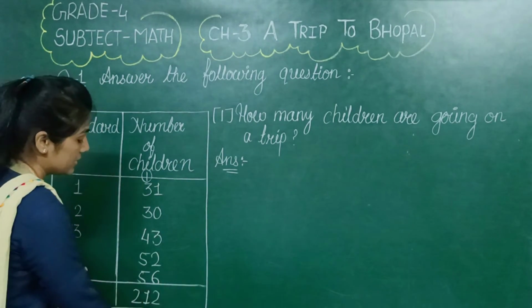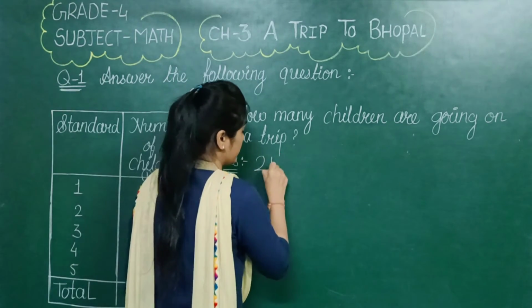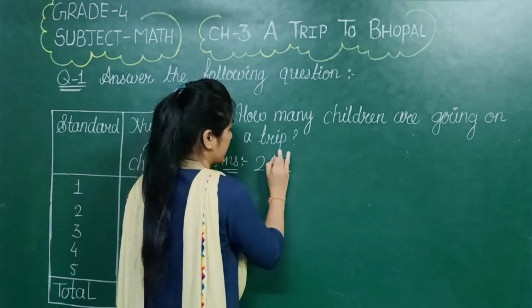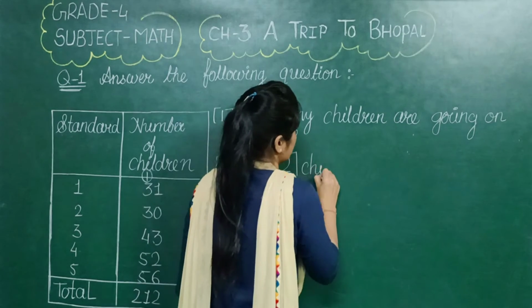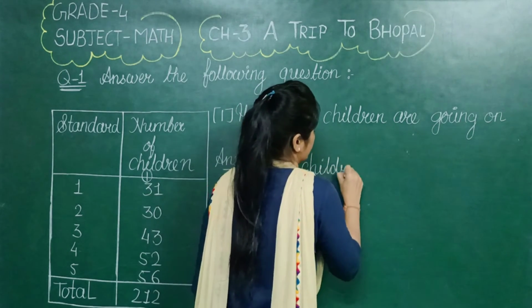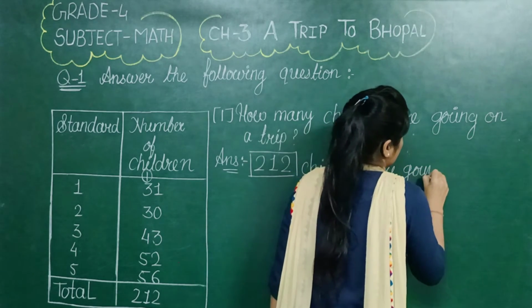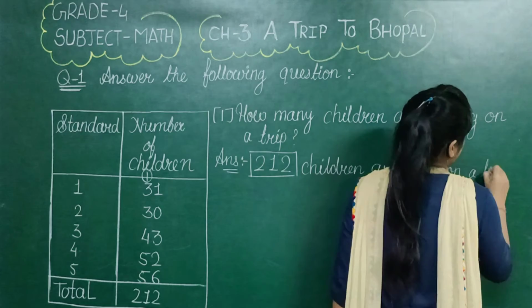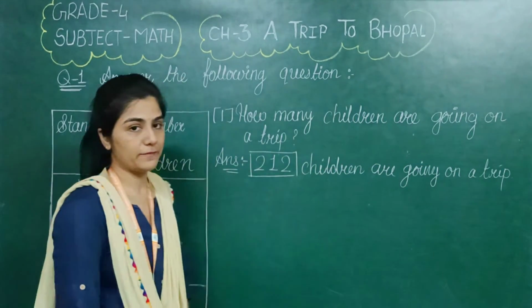There are 212 children. You can write the answer directly as 212, or write it as 212 children are going on a trip. This is the kind of question we have to solve.